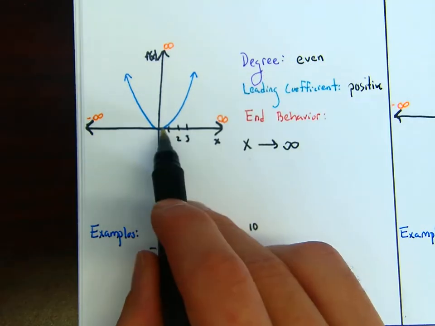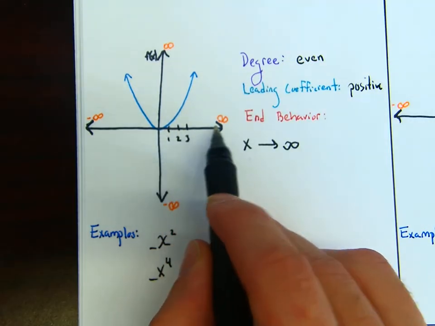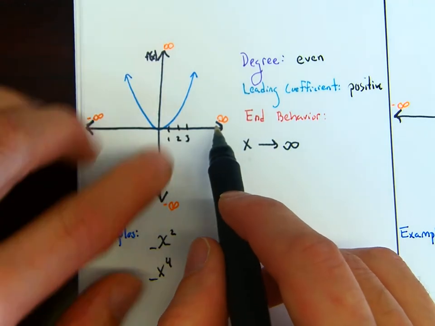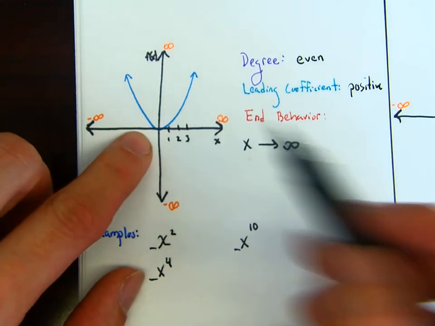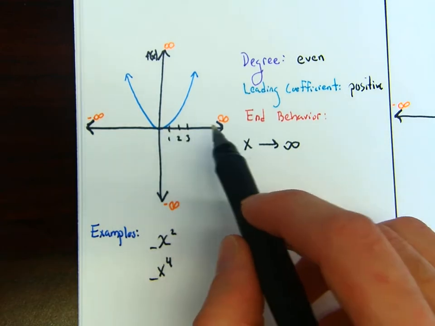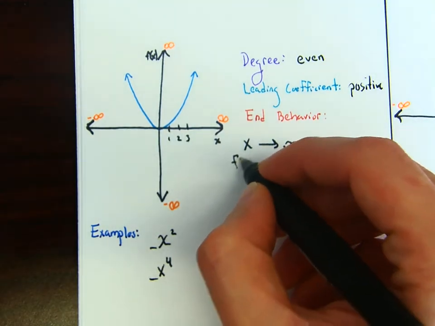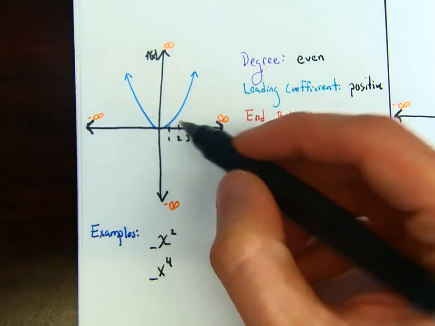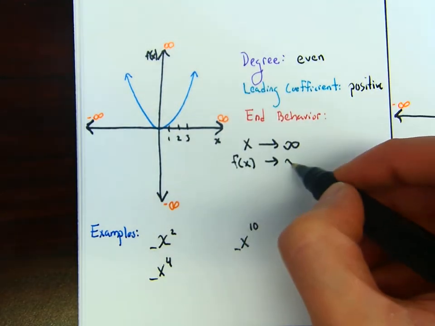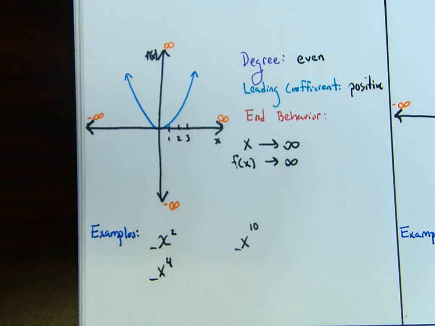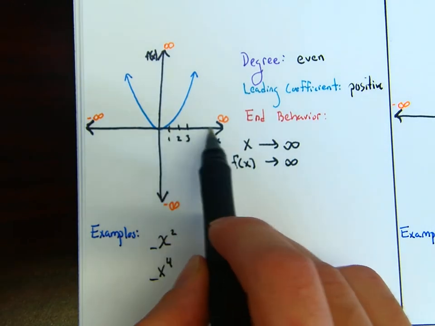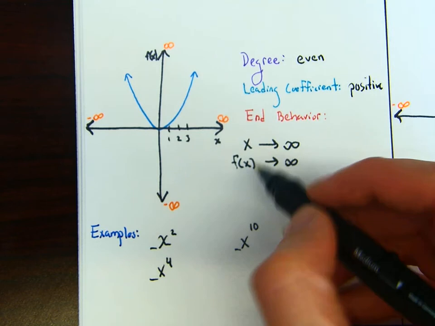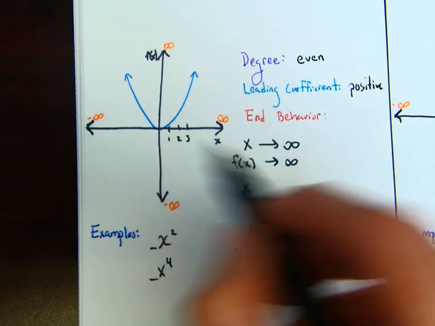As x is approaching positive infinity, what is happening to the y value of the graph? As x goes to infinity, what is happening to f of x? This is also going to positive infinity. As x is getting very, very large, my y value is also getting very, very large. What about if we go towards negative infinity?